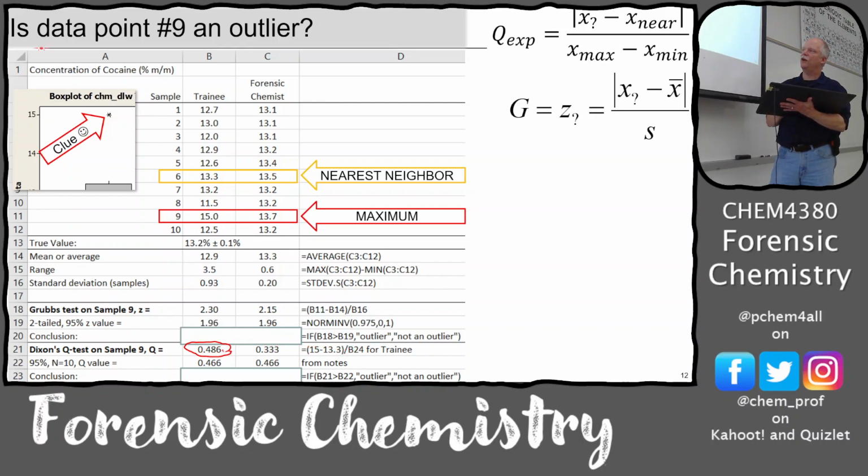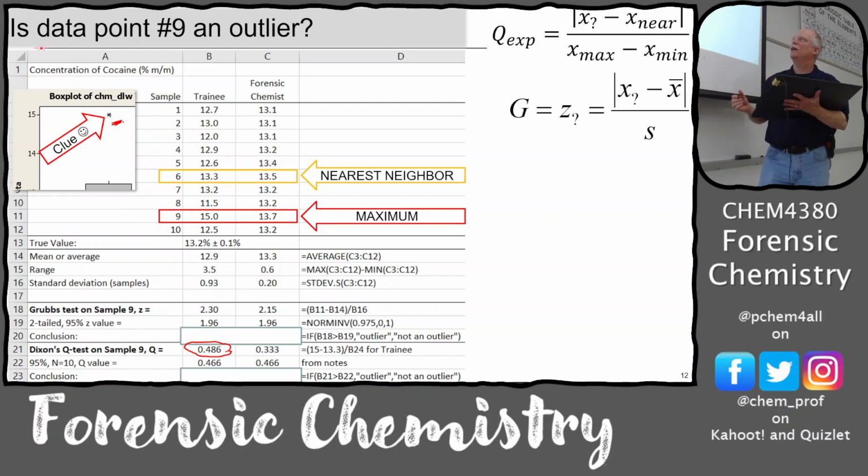This was the critical value from the Q test for 10 data points, which is 0.466. So my experimental Q is greater than the critical Q, and so this is rejected as an outlier. In our box plot, this was a clue, right? It was up here as a little asterisk. So it told us, but still, this is how we do the numbers.